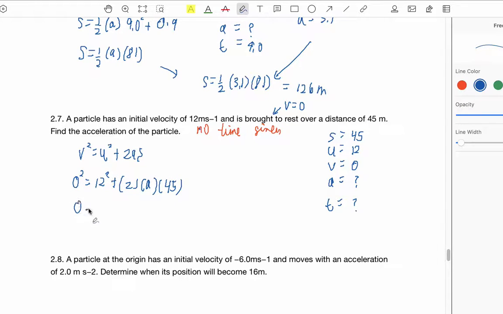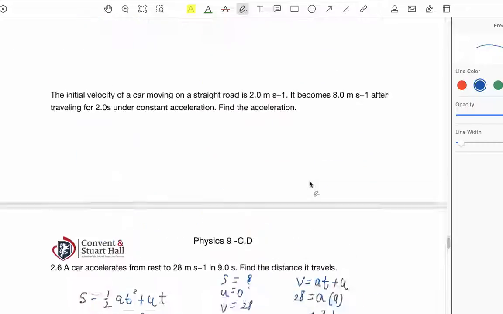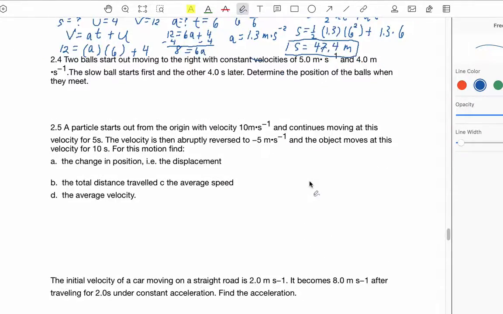So we're going to get that 0 equals 144 plus 90 times A. We'll subtract 144 from each side, and then we'll divide by 90. And so A is going to end up equaling negative 1.6 meters per second squared. So that is questions 3, 6, and 7.